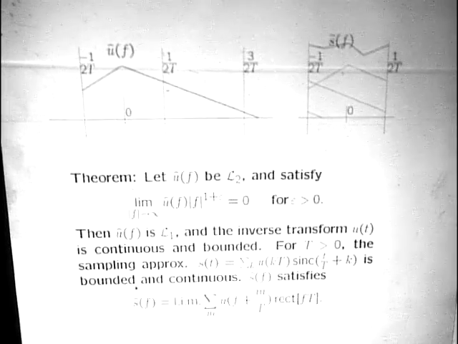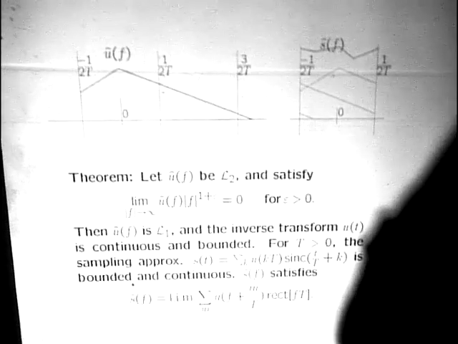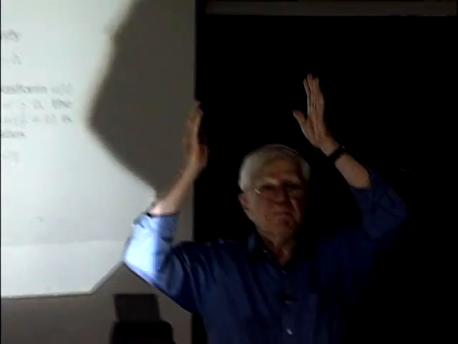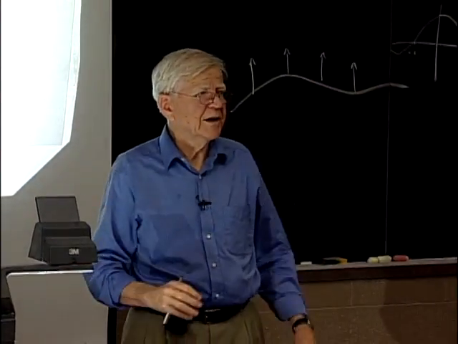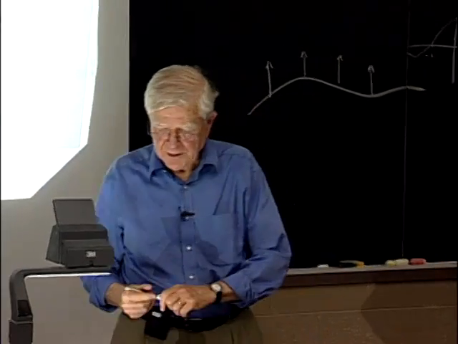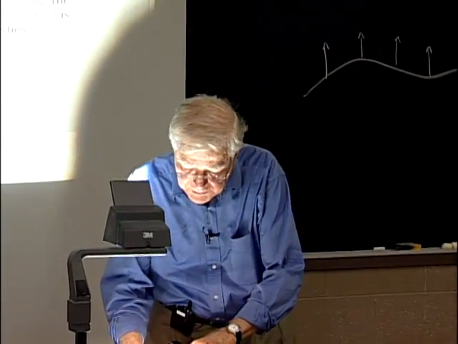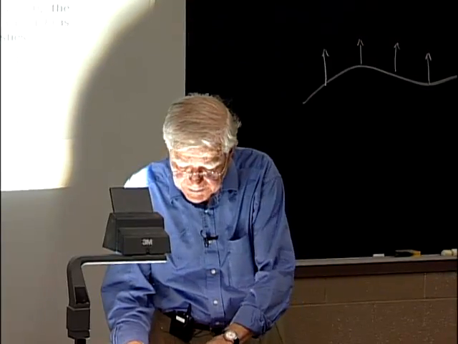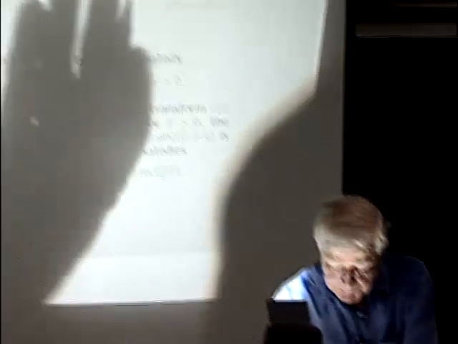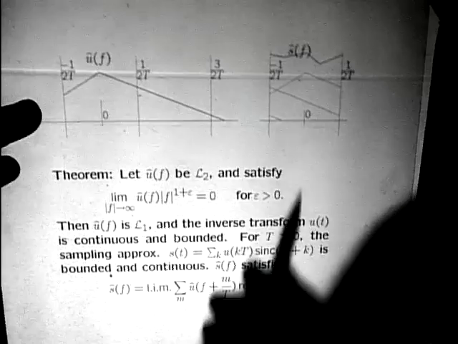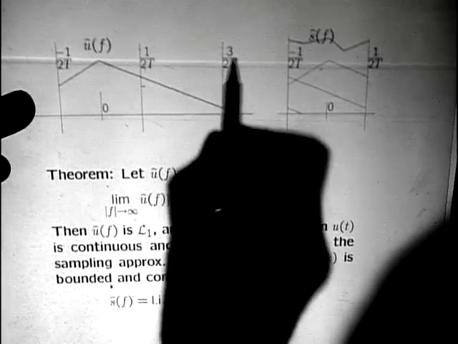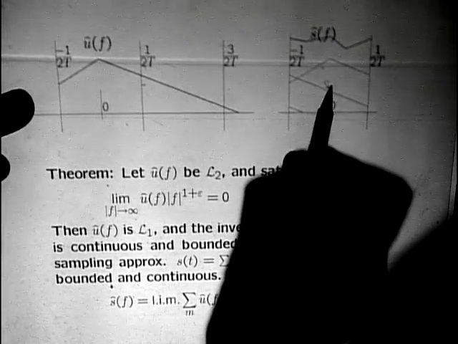What that formula said is that each frequency band gets picked up and stuck down in the baseband area. So this part of the frequency function is going to be picked up, stuck down there. So this goes over there.